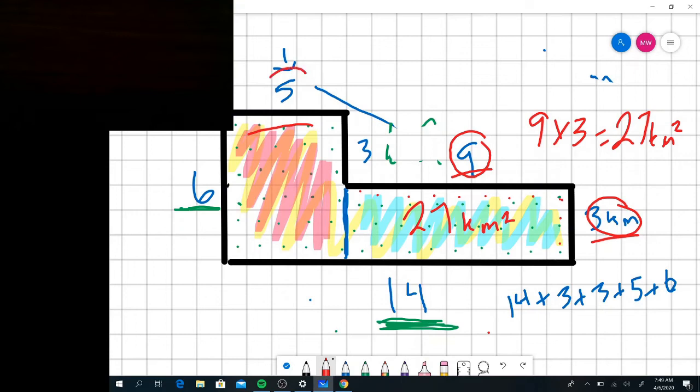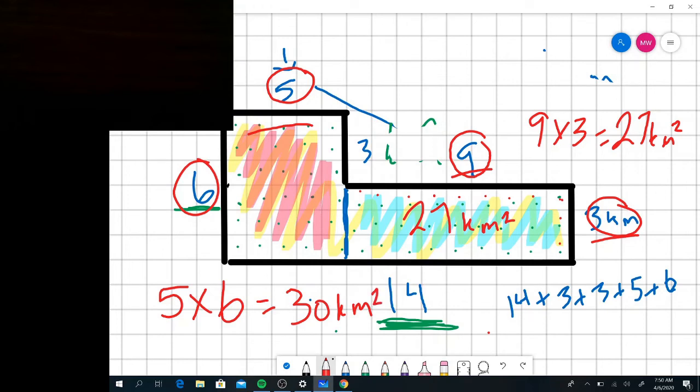So we could say this is my length, 5 kilometers. This is my width, 6 kilometers. So I need to do 5 times 6. My length times my width equals 30 kilometers squared.